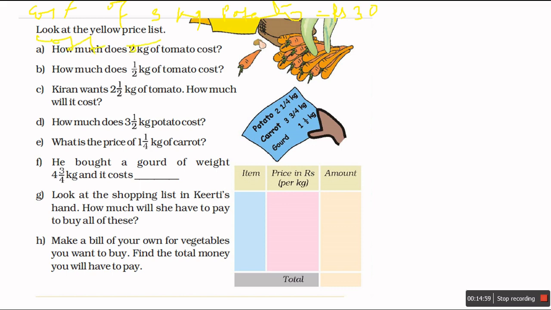Cost of half kg potato is equal to rupees 5.